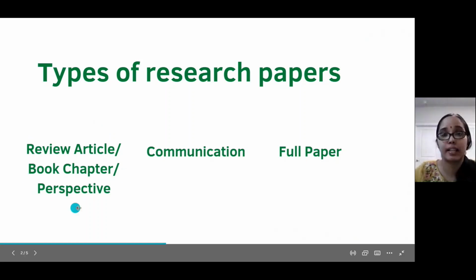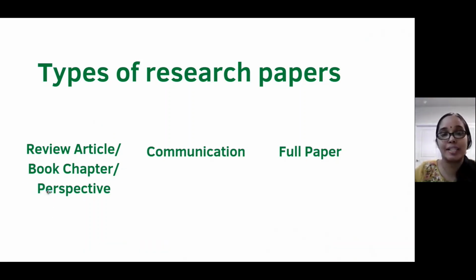I categorize it under one category because these are basically accounts of what others have written in a systematic fashion. Then there is another kind of research paper which is communication. These papers are basically short and crisp. And then we have full papers giving a full account of the work. These are very detailed papers. So let us have a look at it one by one.